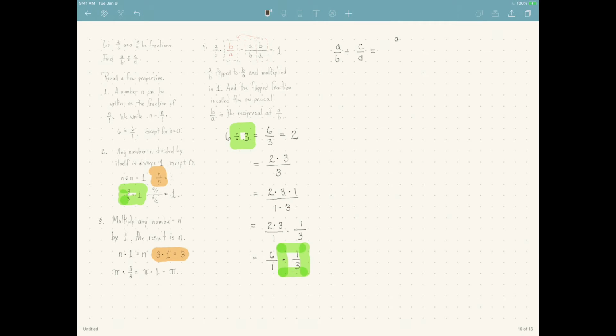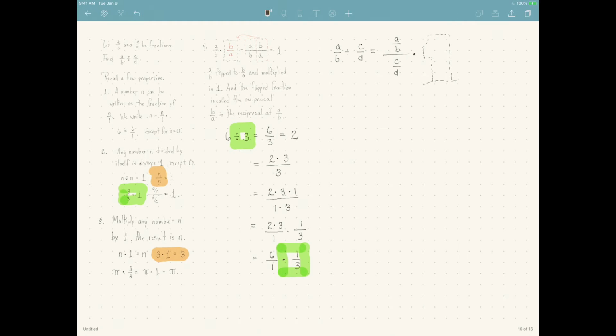Well, that's the same as A over B over C over D. What we want to do now, by design, is come up with some version of 1, because 1 doesn't change a value. All it does is change the appearance.